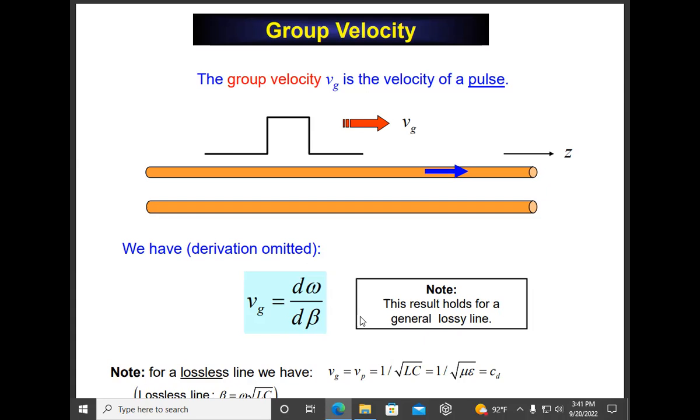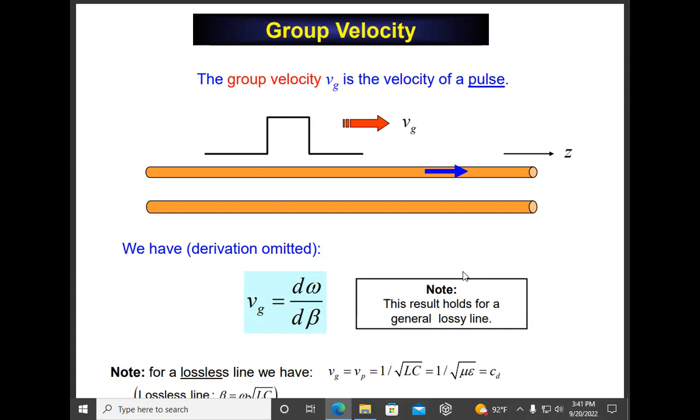Okay, and you can go through analysis thinking of a pulse as a collection of signals from the inverse Fourier transform and do some analysis and do some approximations. That's done in the microwave engineering course. I'm not going to do it here, but the final bottom line you can derive is this equation here. The group velocity, it looks very similar, the derivative of omega with respect to beta. So phase velocity was omega over beta. The group velocity is the derivative of omega with respect to beta. Okay, so that's the important conclusion here.